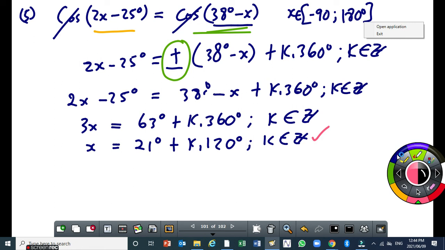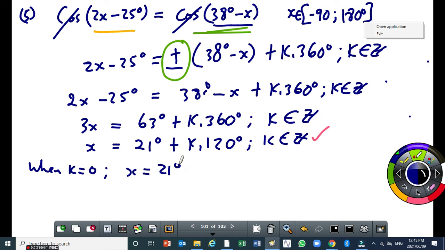We can use it straight away to determine all the possible values of x. Since our values are supposed to be between minus 90 and 180, if I substitute k equal to 0, x will be 21 degrees, which is correct.